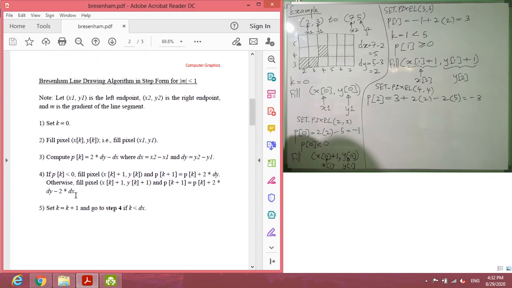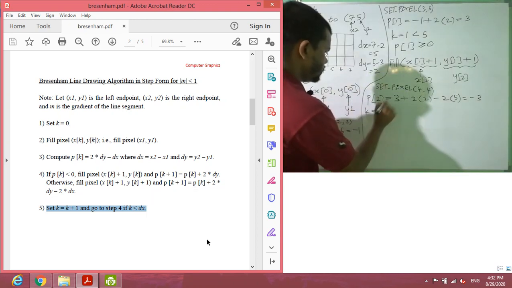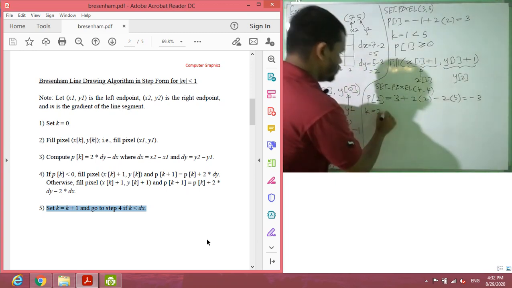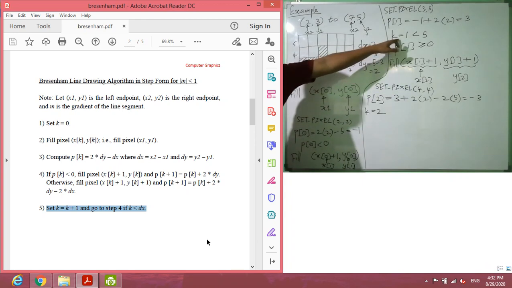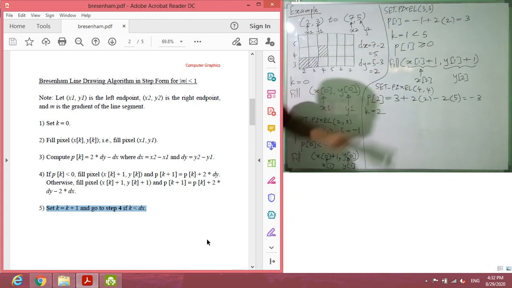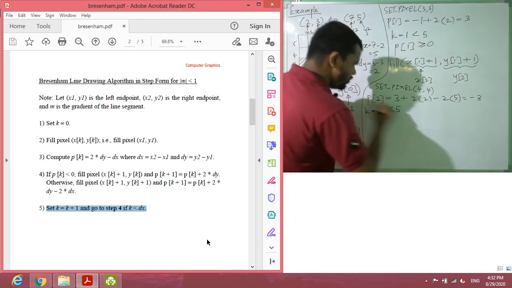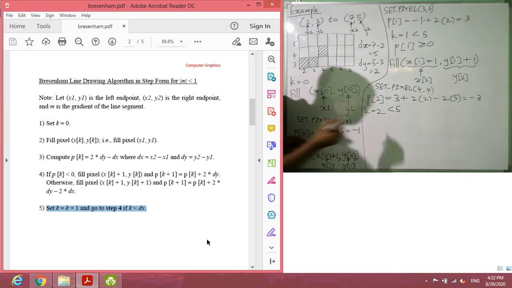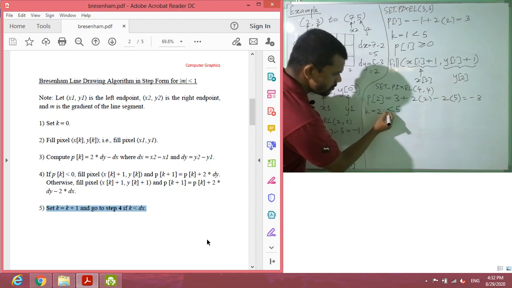Now we move to the next step. Now our k value is 2. Earlier value is 1, now it is 2. Again it is less than 5.